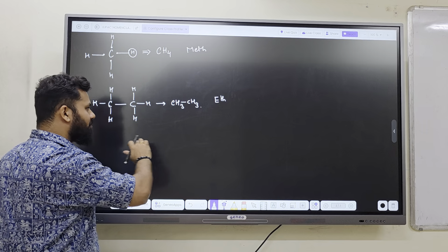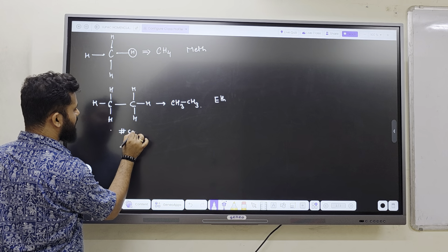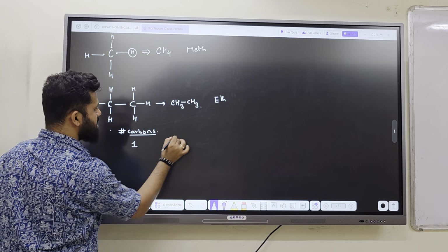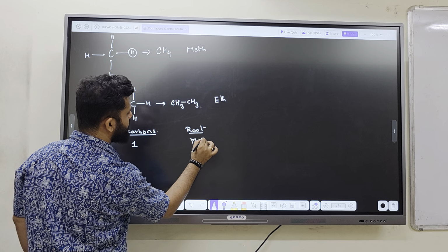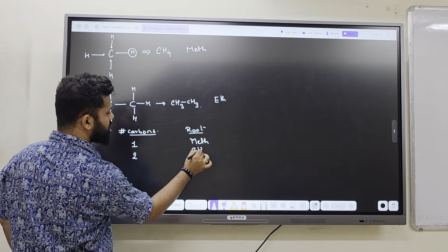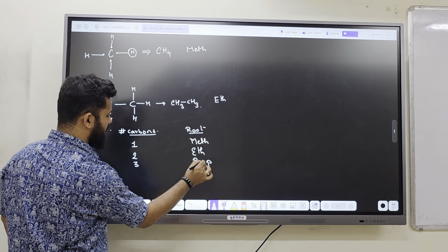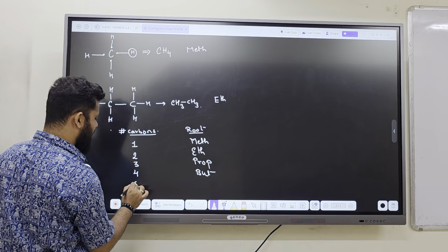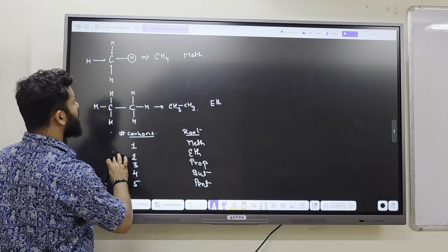Likewise, as the number of carbons goes on increasing, when the number of carbons is 1, the root word becomes meth. When the number of carbons is 2, it becomes eth. If it is 3, it becomes prop. Likewise, 4, then but. 5, then pent.